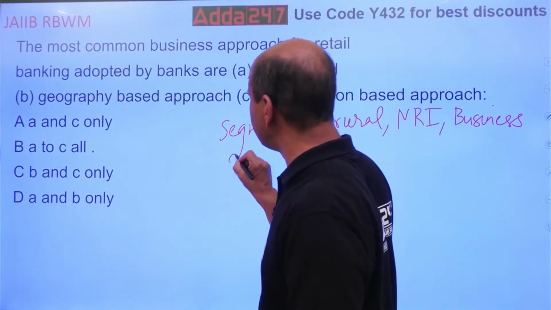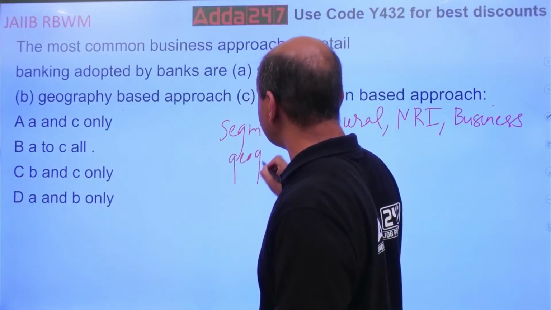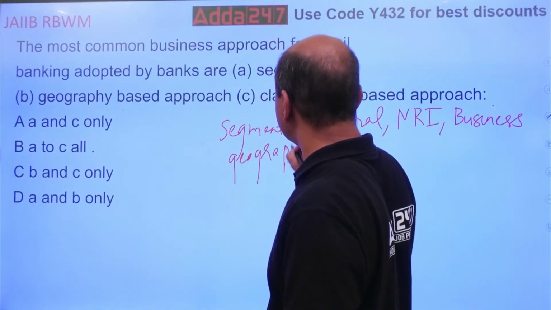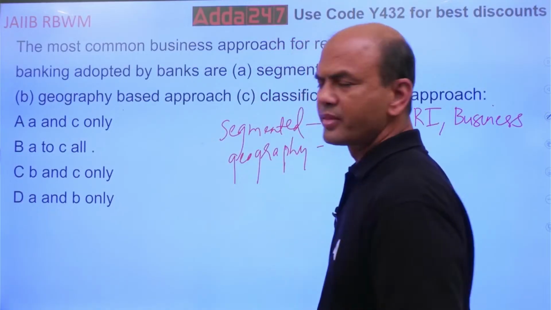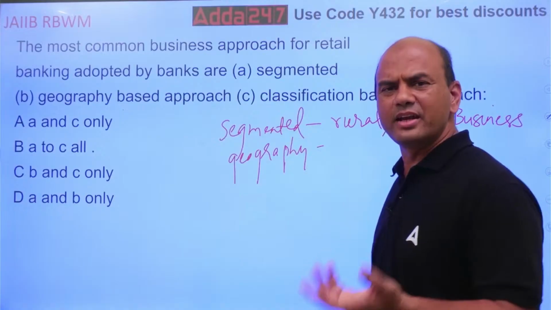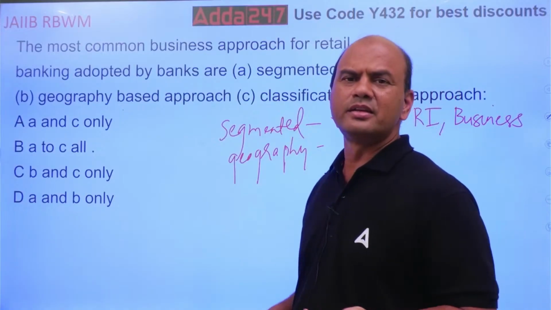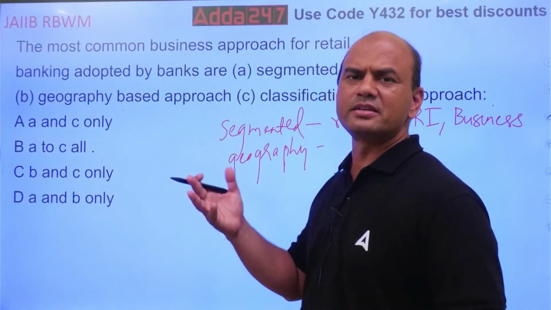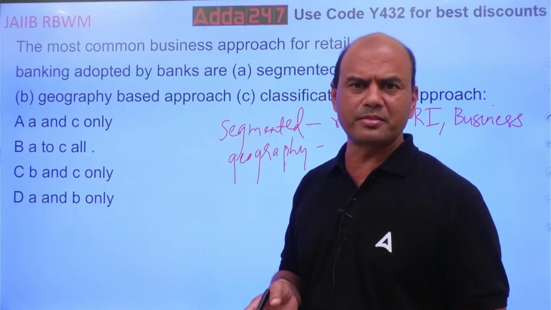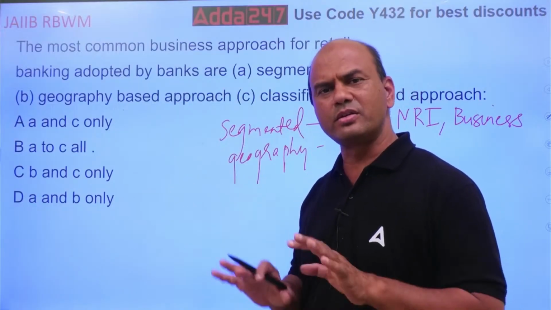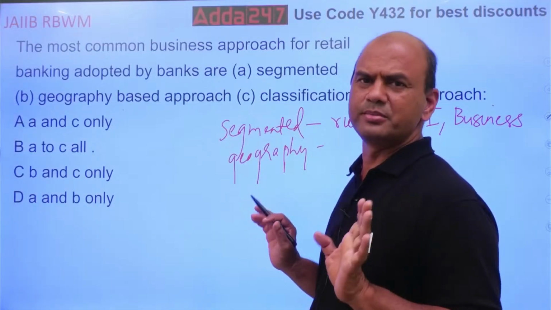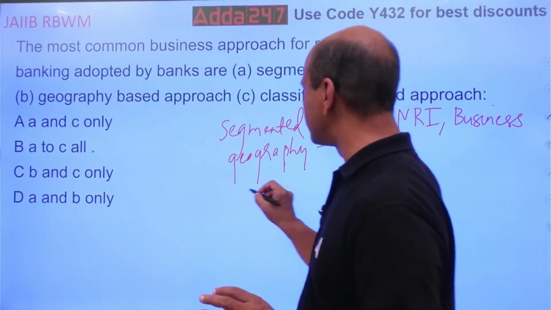What is the second one? Geography. Geography means as per the state, as per the location. This is a city branch, this is a Tamil Nadu branch, this is a Maharashtra branch, this is a Kashmir branch. Based on geography, simple. And the last one is classification.